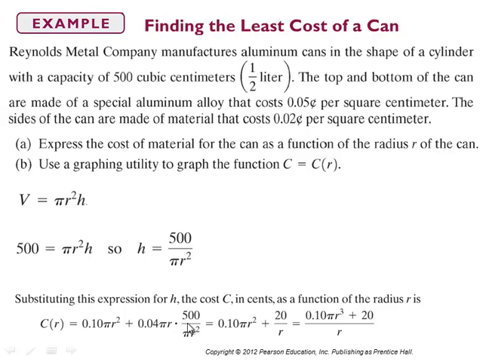There it is. Simplify algebraically. Notice that pi's will cancel in the second term here. R over r squared. Well, it doesn't make sense for r to be negative, so we can cancel r's. And 500 times 0.04 is 20.